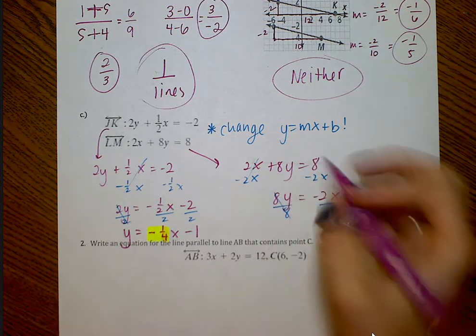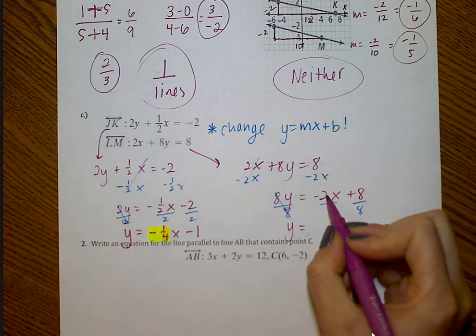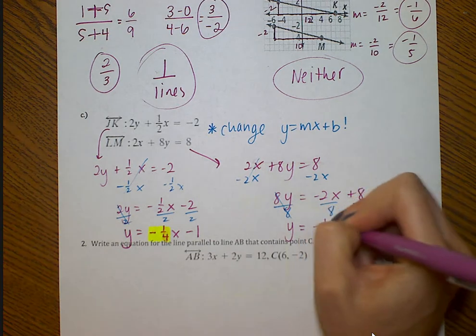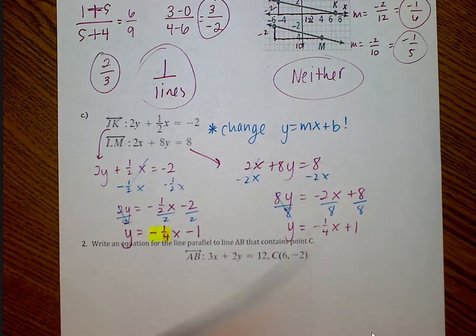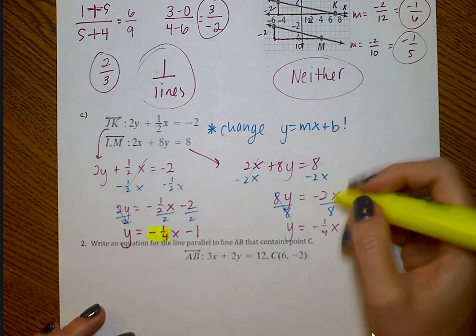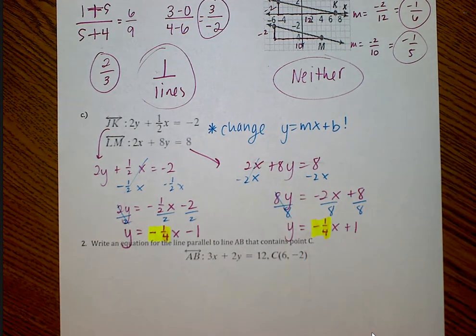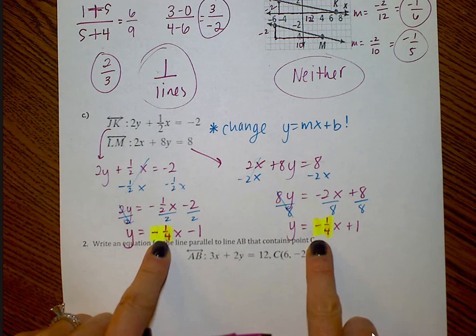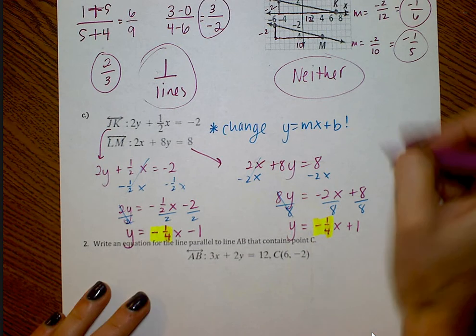And I have y equals, that's negative 2 over 8, which I'm going to reduce. That's negative 1/4 x plus 1. So the slope of LM is negative 1/4. And if I look here, they have the same slopes. So these are parallel lines.